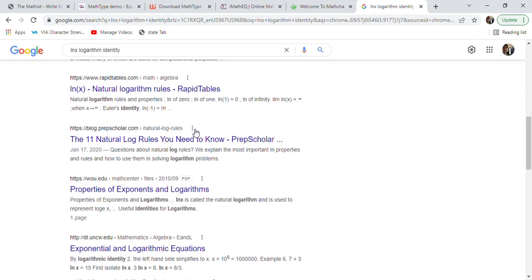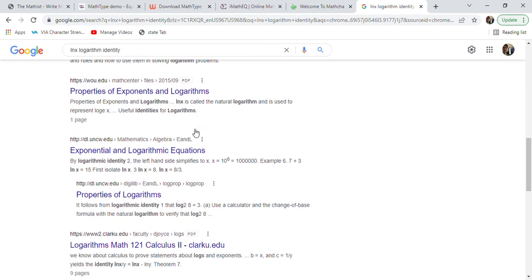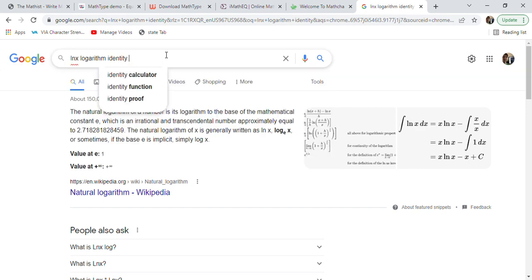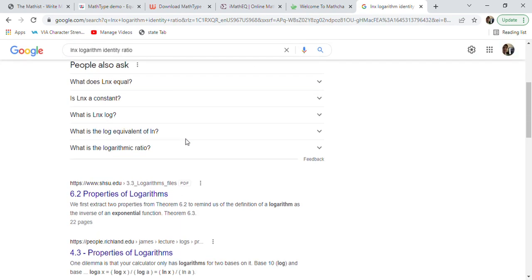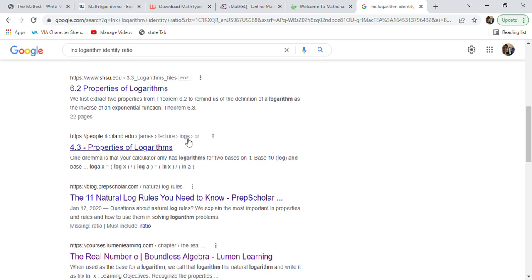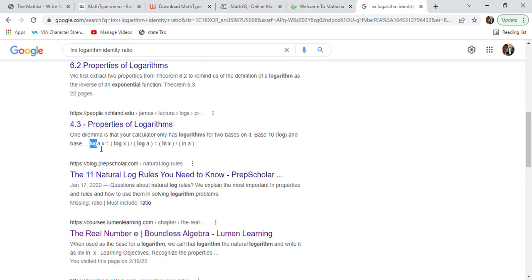Okay, yeah. Log base a of x equals log x divided by log a. That's our identity here.